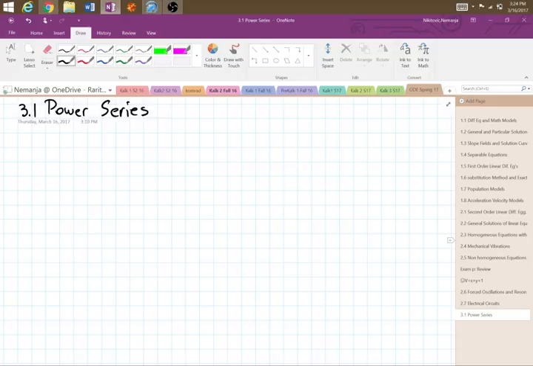So what do we have? We're venturing into the world of solving differential equations using power series. Power series are mainly used in the field because not all differential equations are nice.